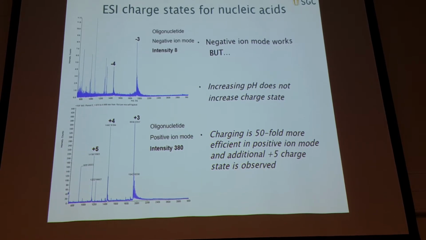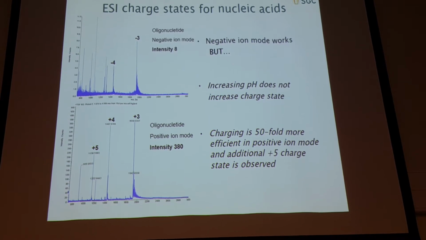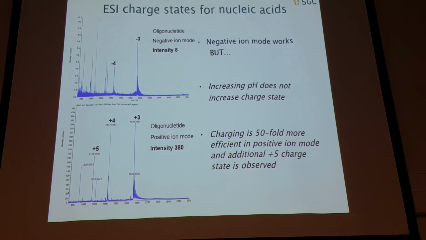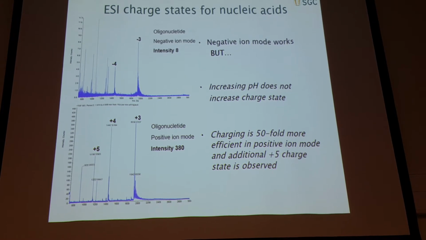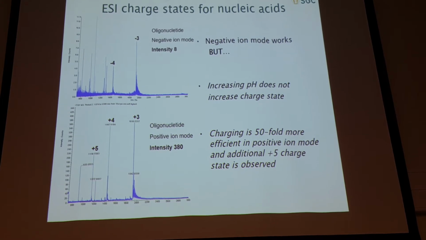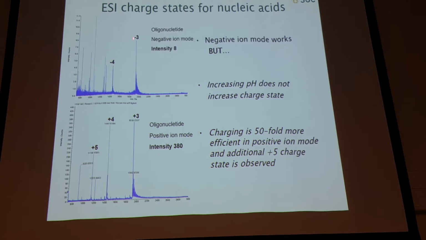And it's not just proteins. This is DNA. This is an oligonucleotide. This is sprayed in negative ion mode. This is in positive ion mode. So most people who work on oligonucleotides will tell you you need to work in negative ion mode. And it works, that's fine.